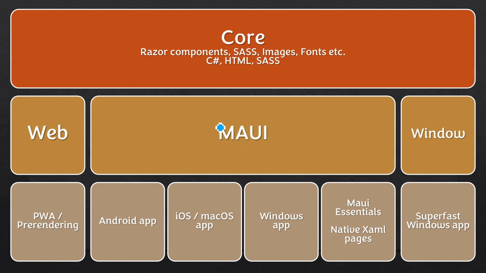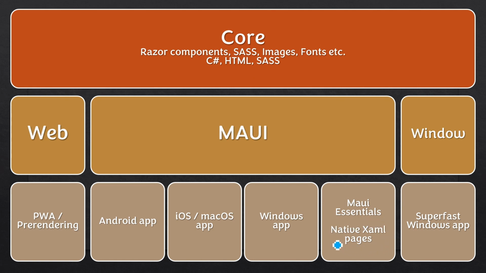The Maui project, also derived from the Core project, delivers native applications for Android, iOS, macOS, and Windows. It also facilitates interaction with third-party code written in Swift, Objective-C, Kotlin, and Java, enabling seamless integration with existing native frameworks. While the project's core UI utilizes C#, HTML, and SASS, the Maui project offers the flexibility to develop native UI elements using XAML.